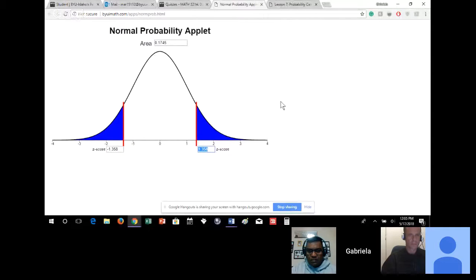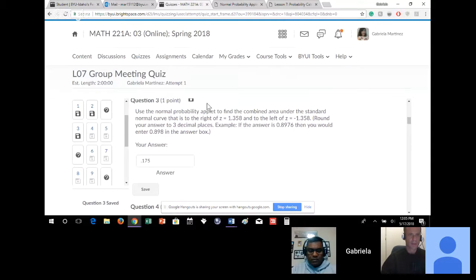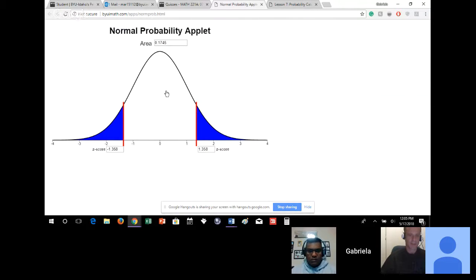Yeah, because it's the 2 shaded areas on the 2 sides, am I right? Using the normal program, did I get my number right? Yeah, 1.358. It's 0.175 if you're going to round. Yeah, 0.175 because we're rounding. That's what I'm saying. No, you're good. I just didn't subtract 1 off it, so that's why. I see. All right, you're good.